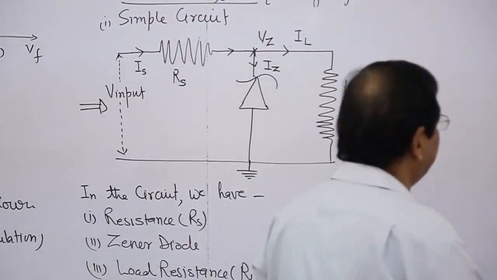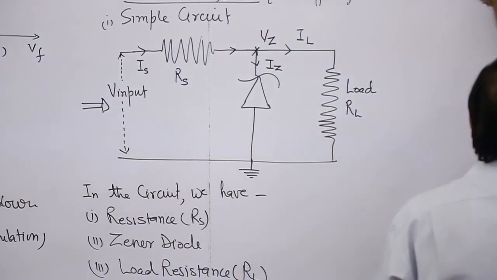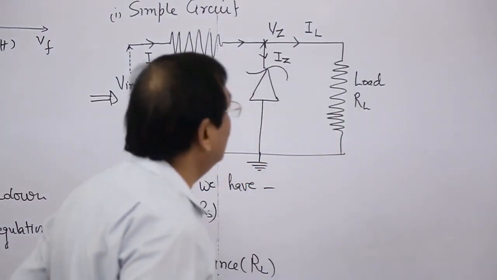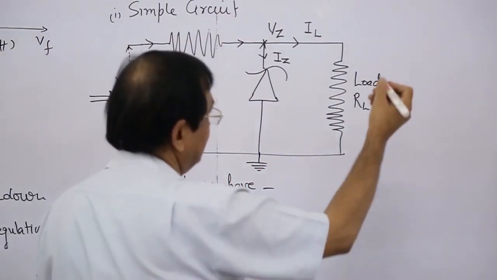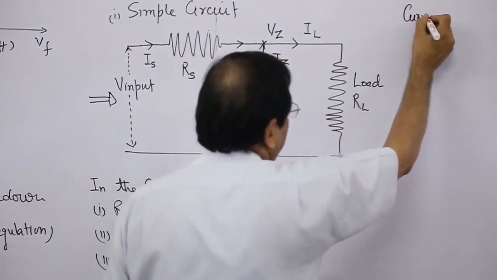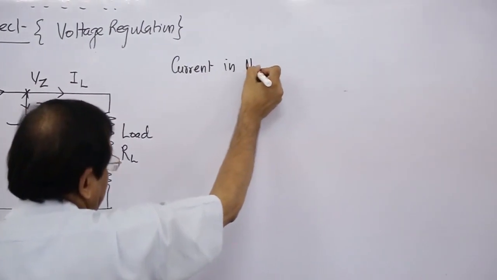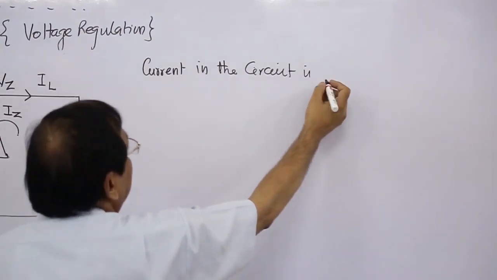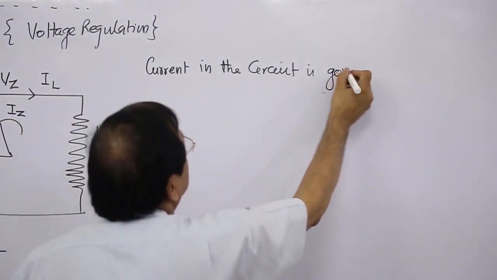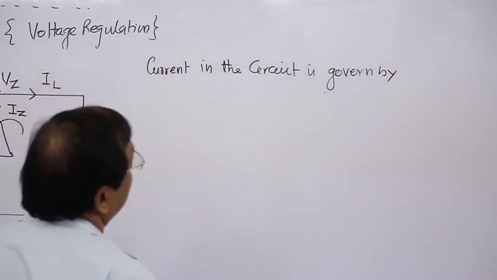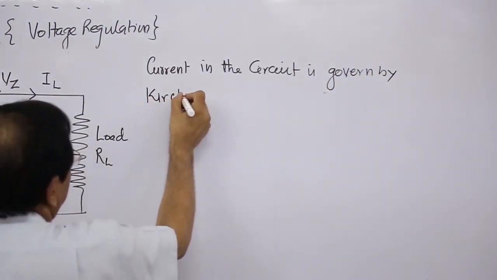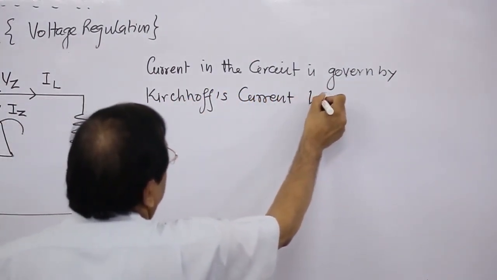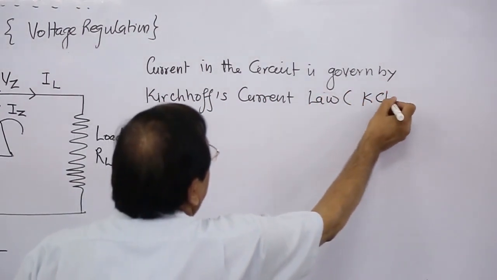The current in the circuit is governed by Kirchhoff's current law, that is KCL.